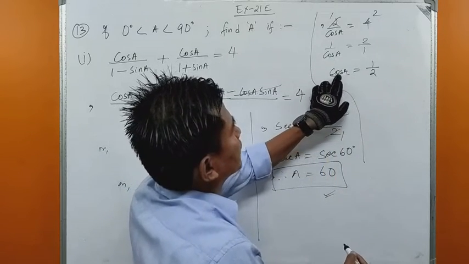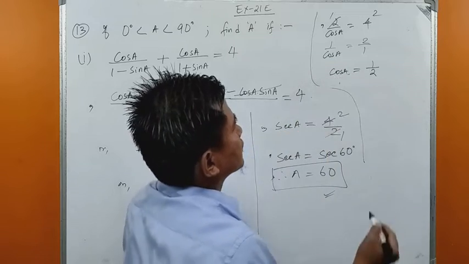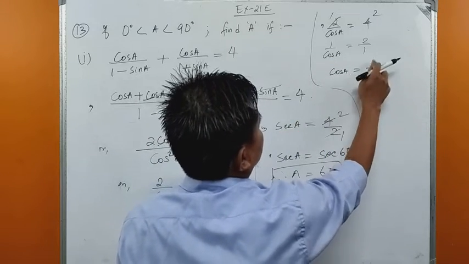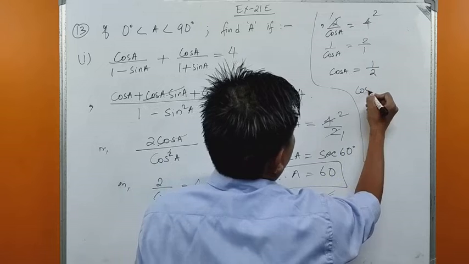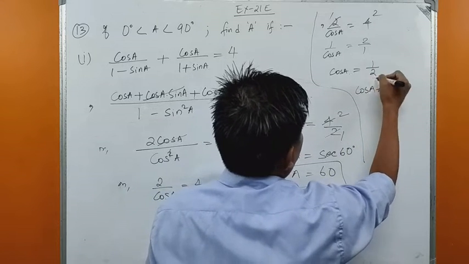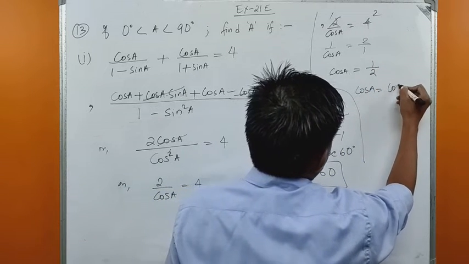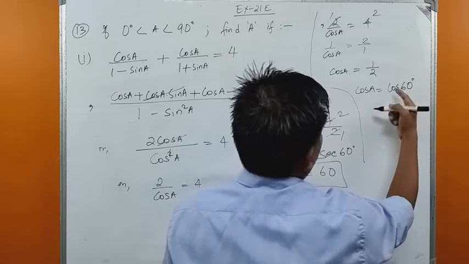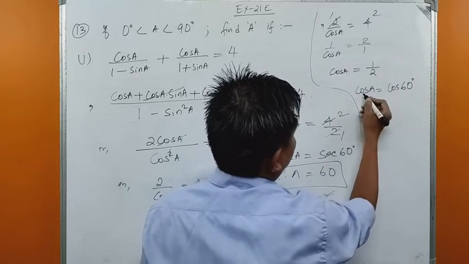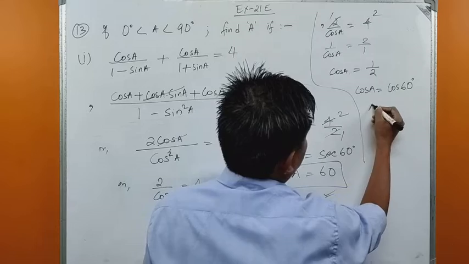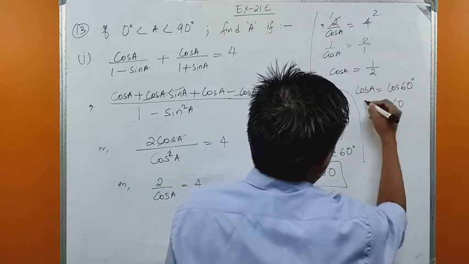We don't write 1 because every number has 1 in the denominator. So cos A equals 1 upon 2 means cos 60 degree. The value of cos 60 is 1 upon 2. Therefore we leave cos from both the sides. A equals 60 degree.